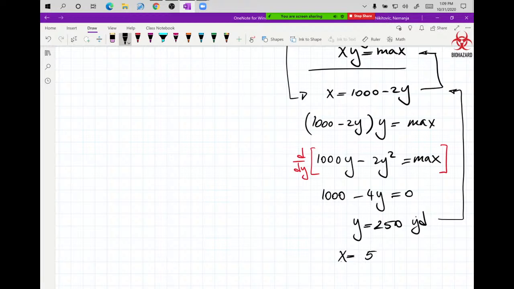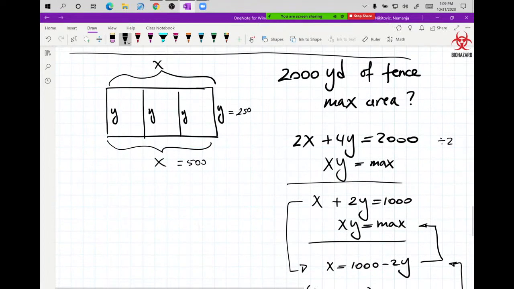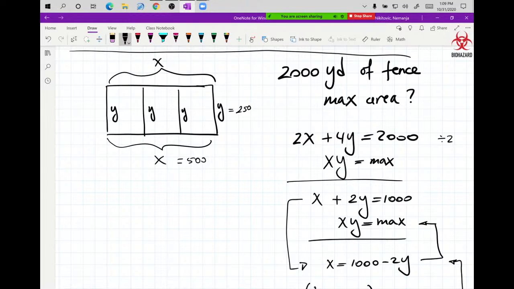And you get that x is 500 yards. So 500 by 250. Obviously the smallest overall area we had so far, because now you have to spend some of the fence for these middle parts, the two y's in the middle.